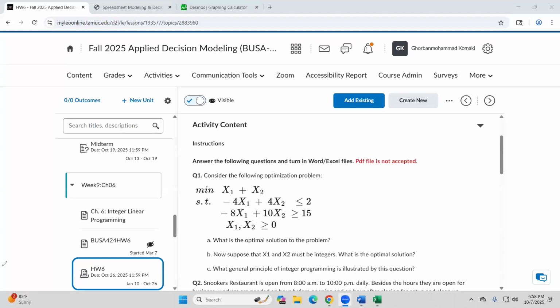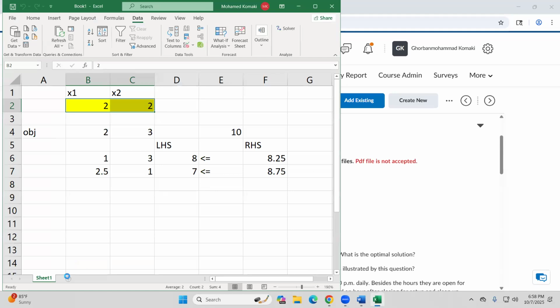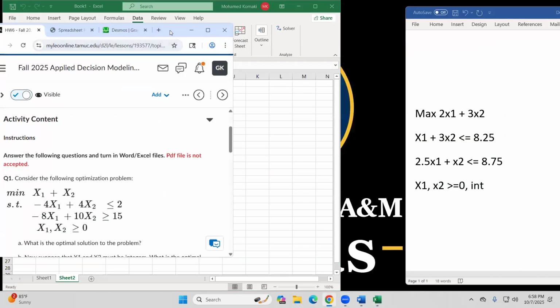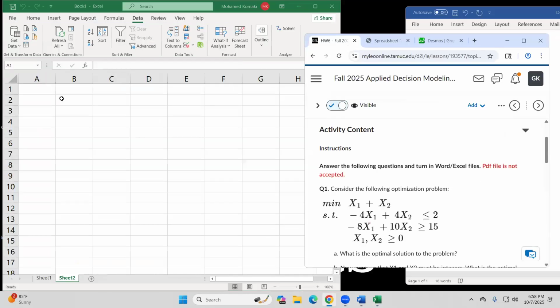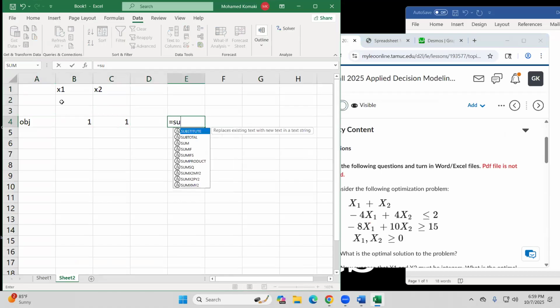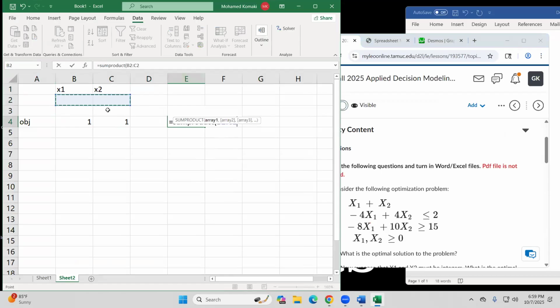All right, so I just want to implement the section B of it, which is the one that has the integer constraints, right? So here I have x1 and x2, and the objective function is 1 and 1, and I just have the sum product of decision variables times constraints.